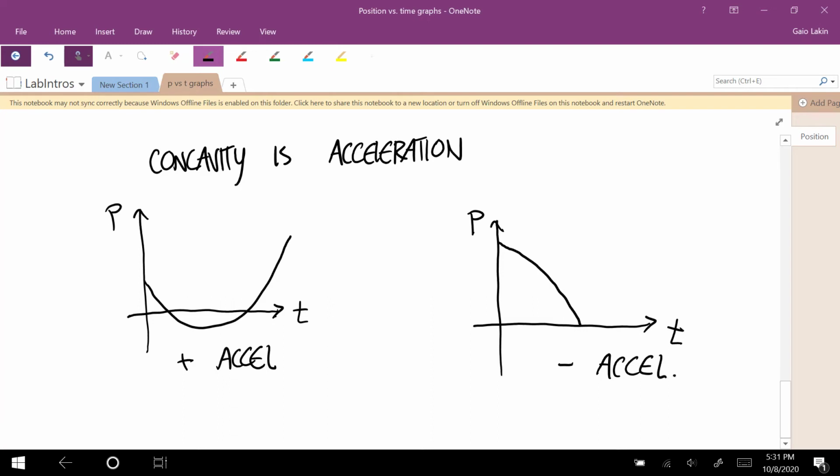We mostly have been dealing with constant acceleration, but there's no law that an object has to have constant acceleration. No object has constant acceleration forever. So what would it look like if the acceleration changed from positive to negative? You'd get a change in the concavity.